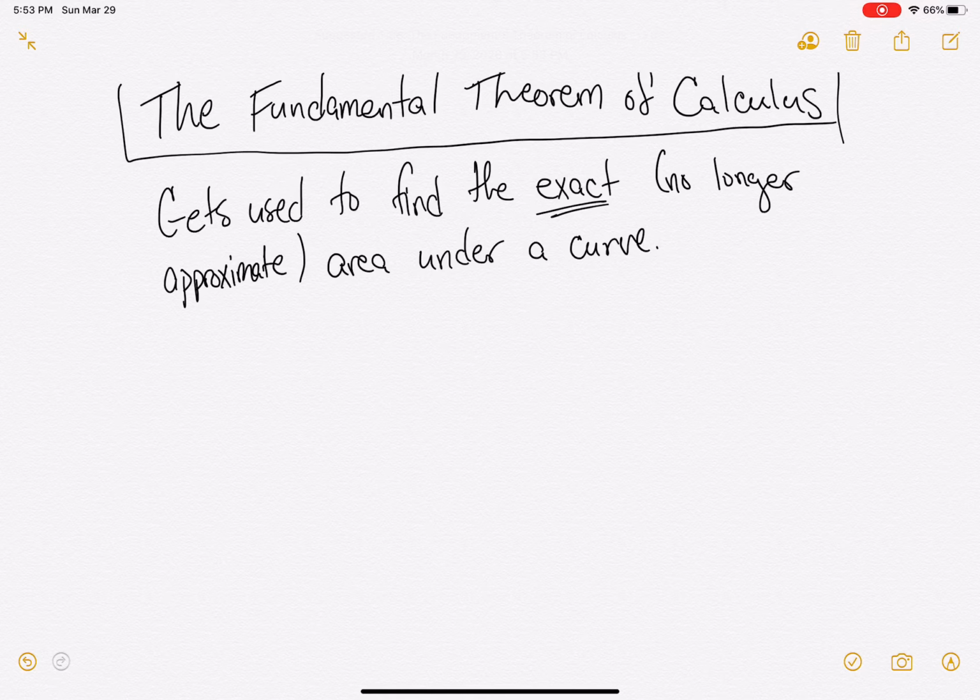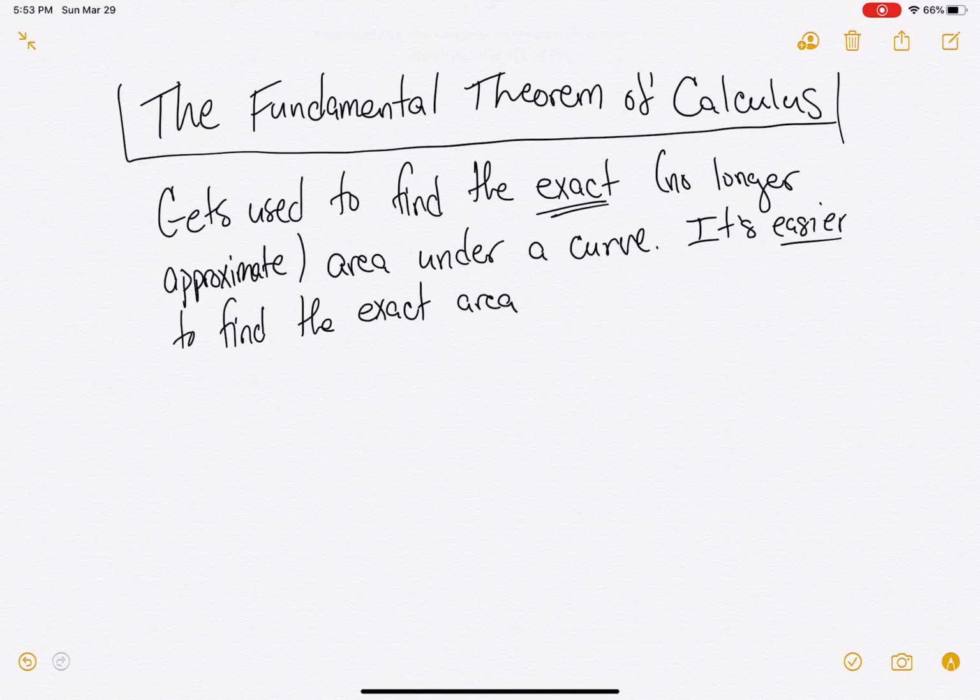So it's going to turn out that all that work you've been doing the last 2 days was meaningless because it's easier. This is why it's so important, the fundamental part. It's easier to find the exact area in most cases.